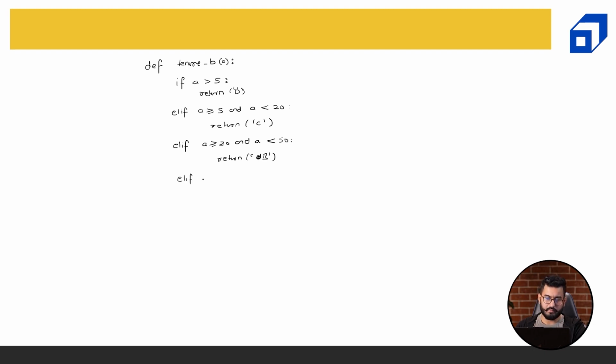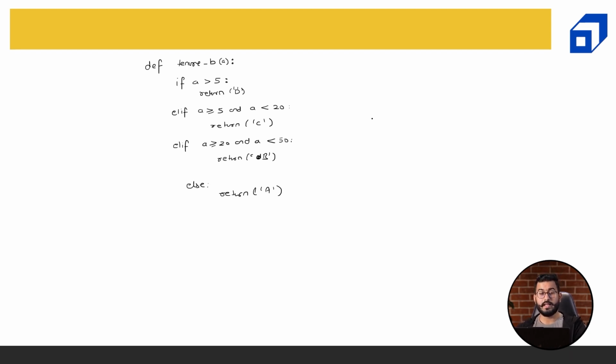Then, let's say a greater than or equal to 50 is my last condition, so I'll simply say else, return A. Now this is my function.